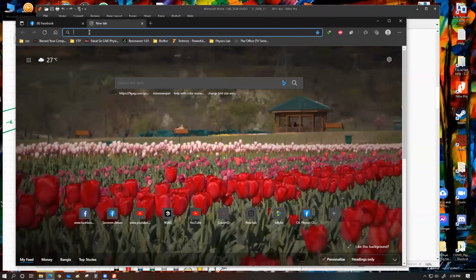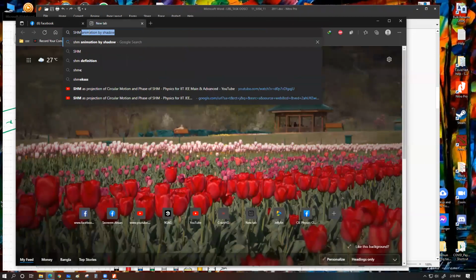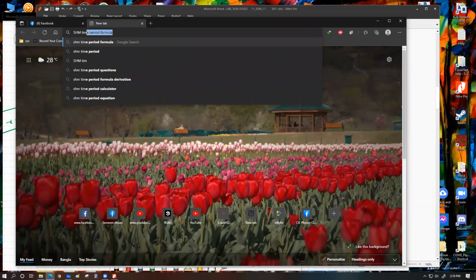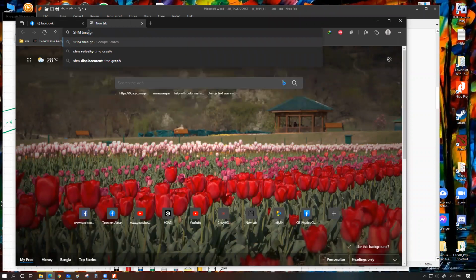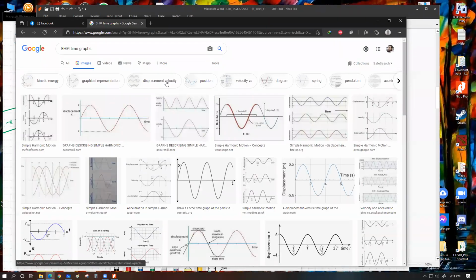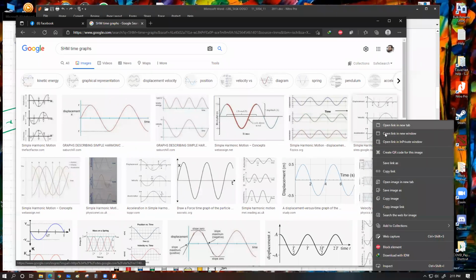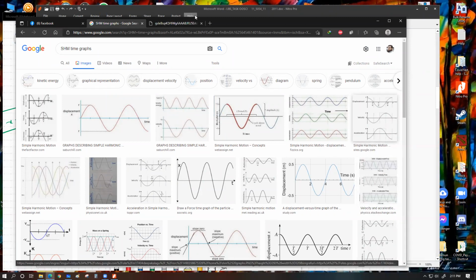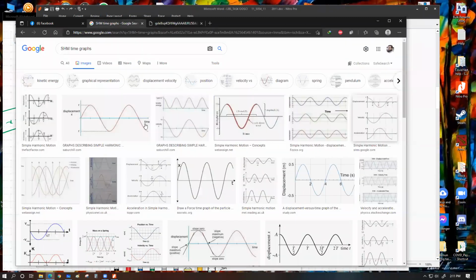Steps to the right, SHM, time graphs, images. Well, choosing any of this is good, I think. What is the size of this image? Open image in new tab. Yes. Small.